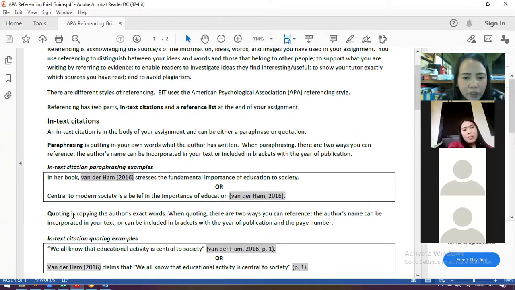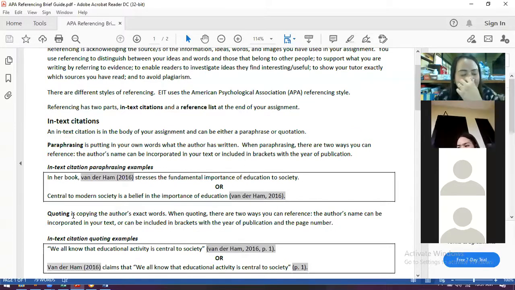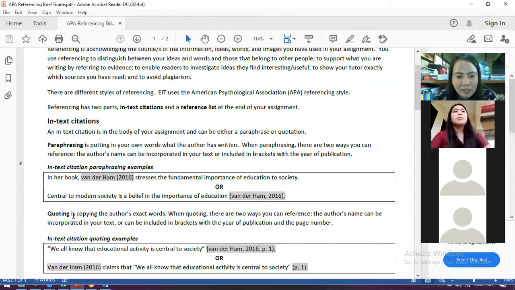Kapag once you make use of the in-text citation, once the name of the author is included in the sentence, halimbawa, in her book, Van der Ham, since si Van der Ham is included in the sentence, nilabas natin siya sa parentheses. Ang year lang ang pinasok natin.